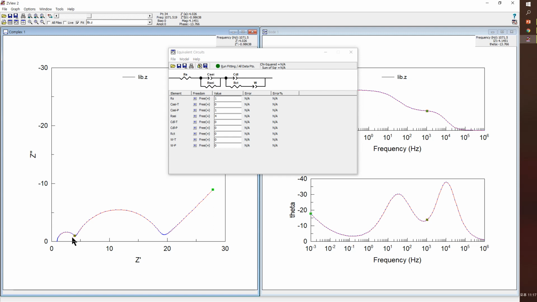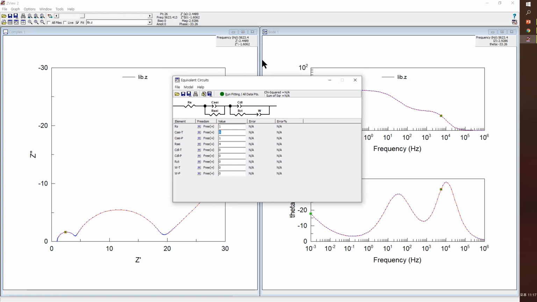Let's go to the frequency at the top of the semicircle, around here. Then what is the frequency? About 600, or let me say 6,000 hertz. And this 6,000 hertz is correlated with the RC constant.